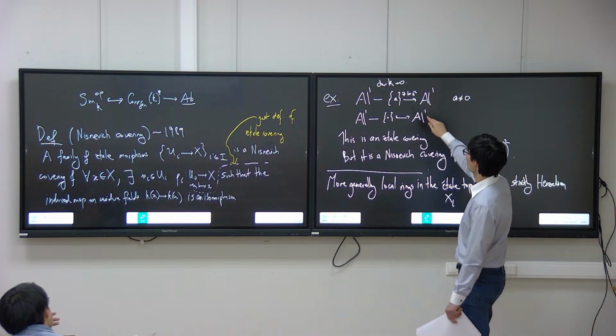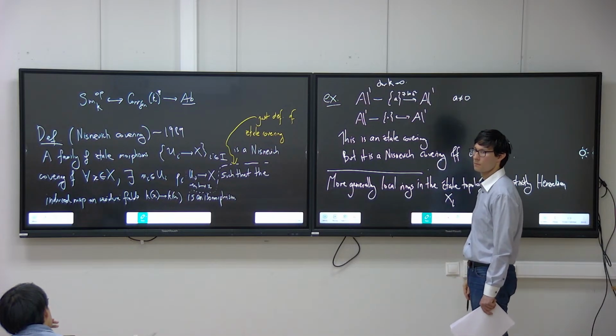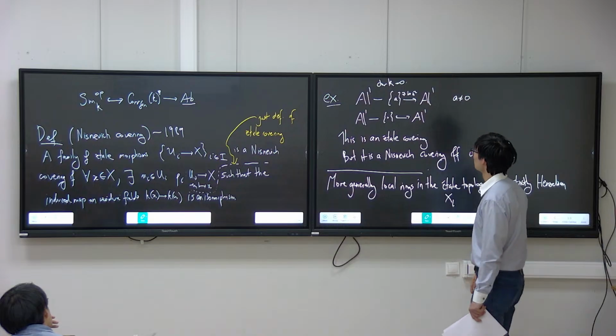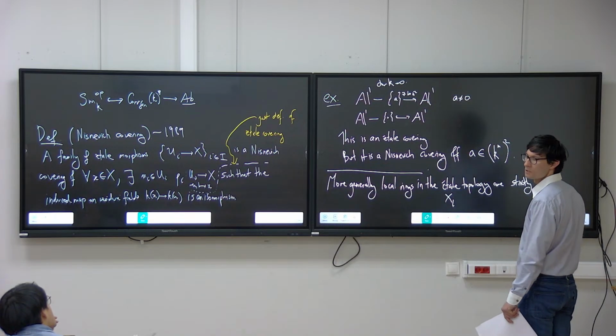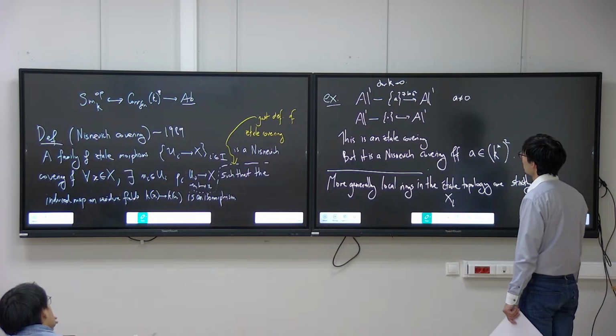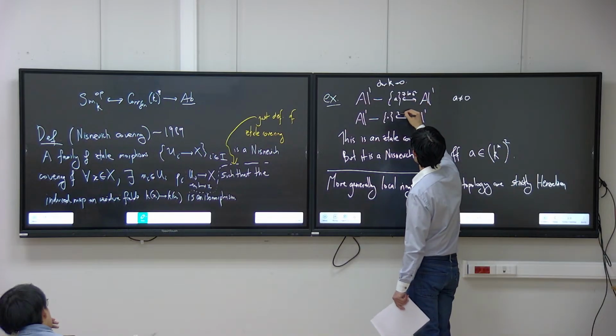I think this is fine. You think this is not étale? But at 0 you have ramification. So you think this should be inclusion here, and this should be z goes to z squared.